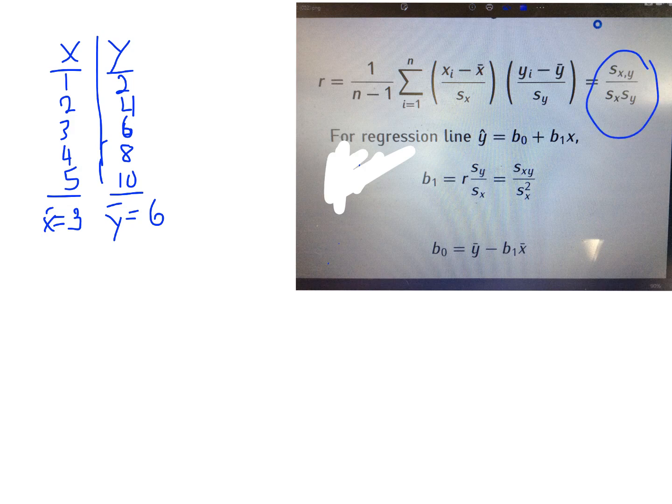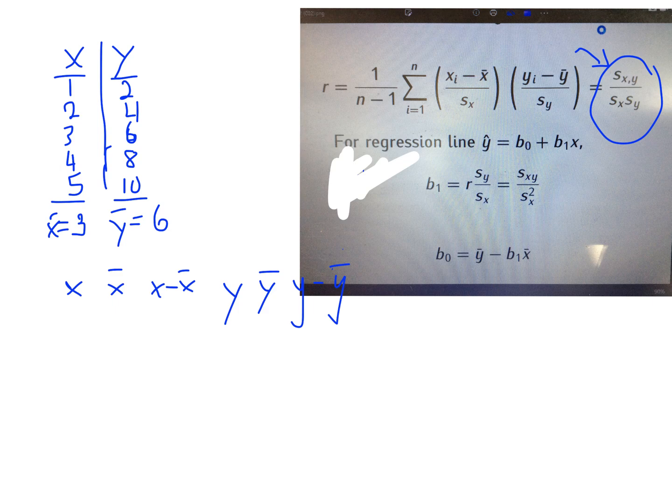And so the ones on the bottom, those are your standard deviations for X and Y. The one on the top is your covariance for X and Y. And so let's set up a chart down here where I'm going to have my X values, and then my X bar, and then my X minus X bar, and then I want my Y value, my Y bar, and my Y minus Y bar.